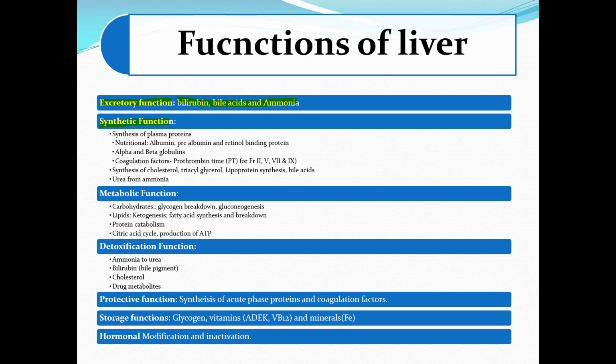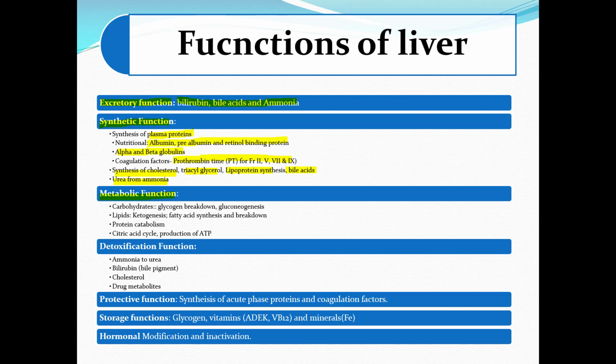Synthetic function: the liver is involved in the synthesis of plasma proteins, nutritional proteins like albumin, prealbumin and retinol binding protein, alpha and beta globulins, and coagulation factors, so that tests like prothrombin time, factors 2, 5, 7 and 9 can be detected. Synthesis of cholesterol, triacylglycerol, lipoprotein and bile acids all happens in the liver. Then urea from ammonia also happens in the liver. So these are all synthetic functions of the liver.